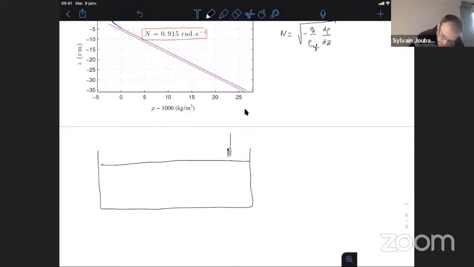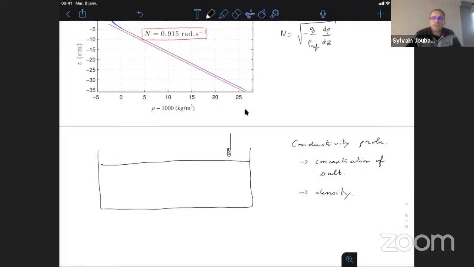That's a conductivity probe, and it is sensitive to the concentration of salt.